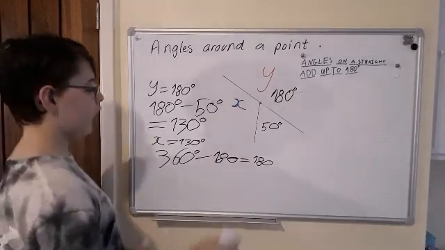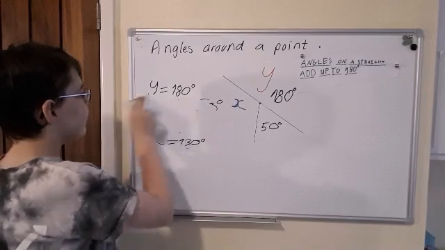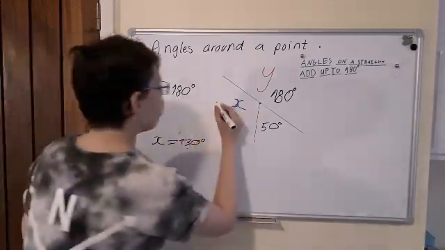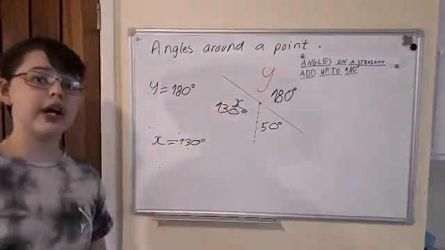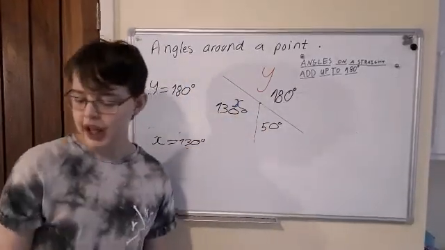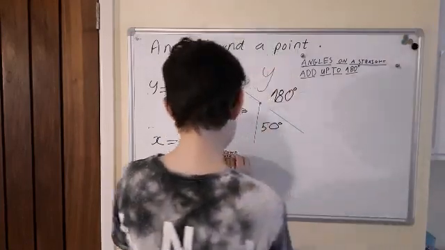So we have found our values. Y is 180, x is 130. So there are two different ways you can figure out angles around a point. Oh, remember, not drawn accurately again. Not drawn to scale. Remember that.